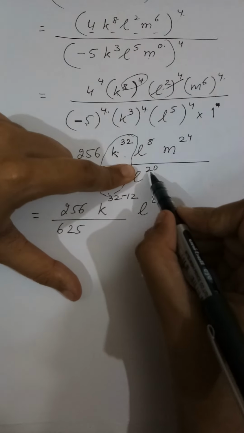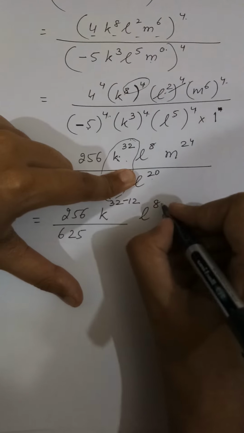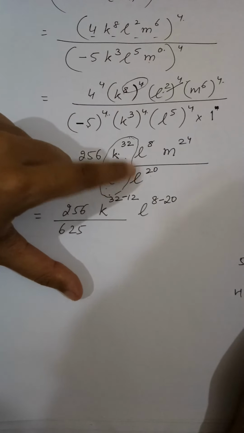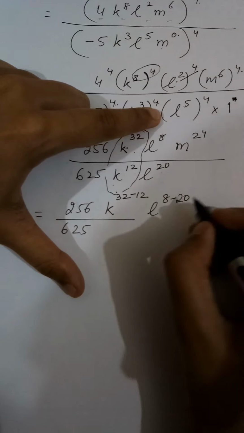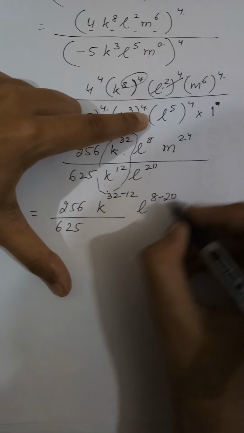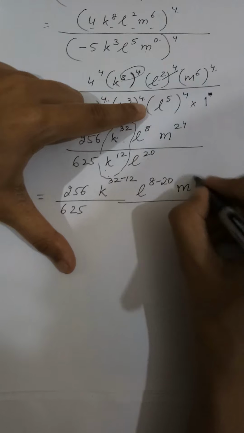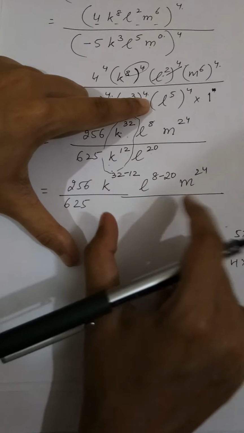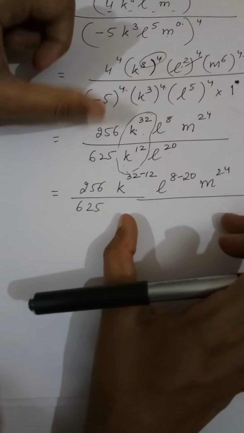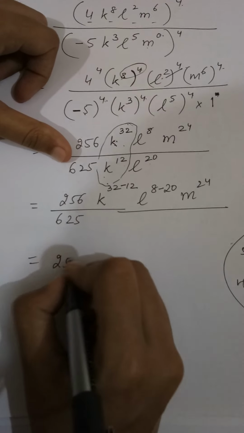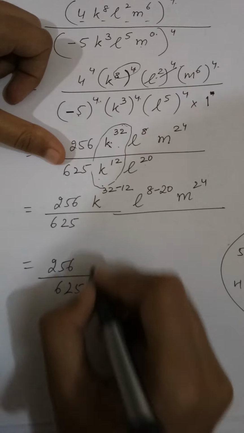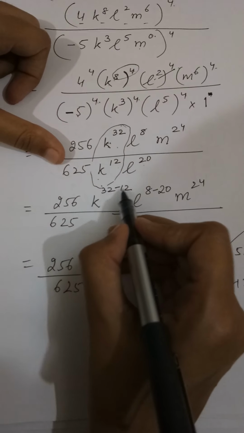Again I am going to take 20 up in the numerator, so it will become minus 20, because this was plus 20. When I take it up in the numerator, it will become minus 20, and m to the power 24 will remain as it is because no m is there in the denominator. Now next, 256, 625 as it is. K to the power, what is 32 minus 12?